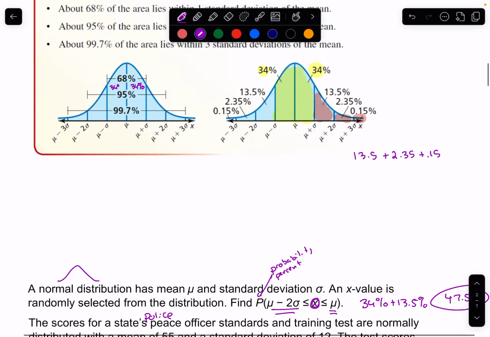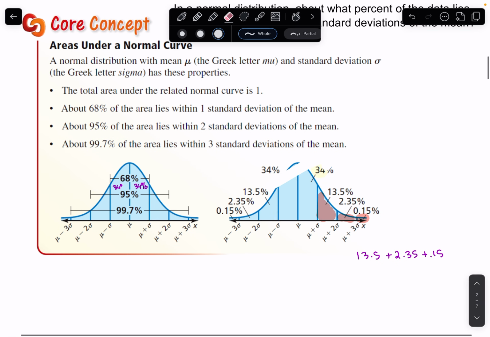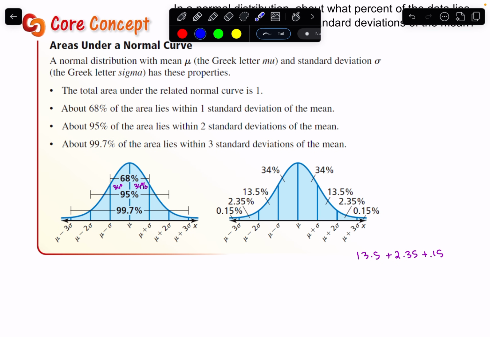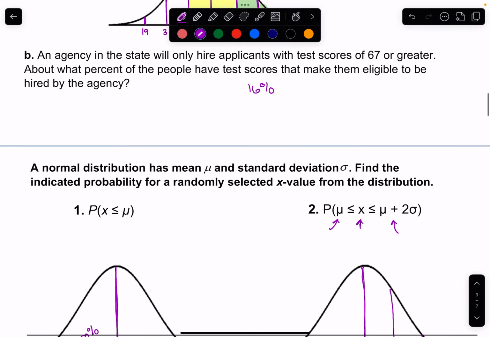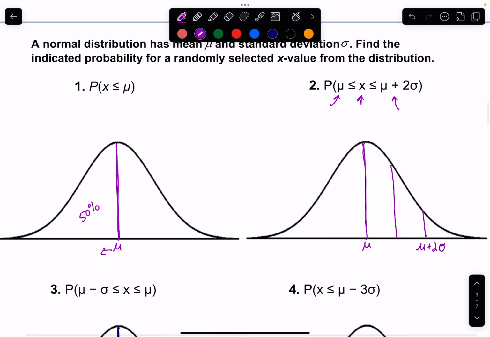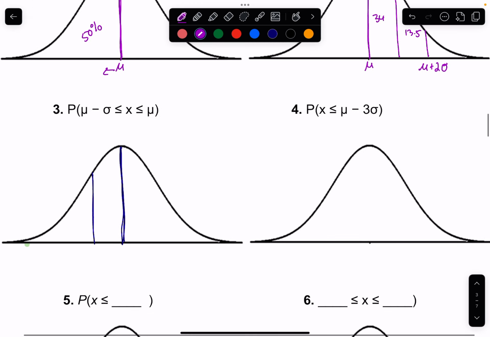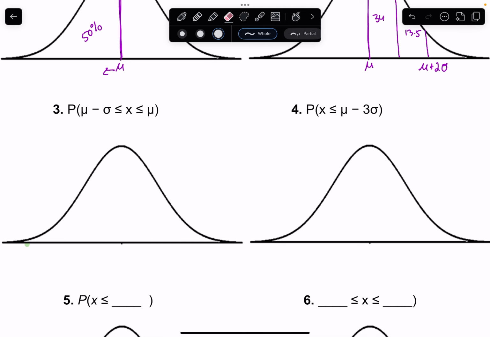So if I go up to my chart, I need this section and this section added together. So 34 plus 13.5 is 47.5. So I would add those two together. 34 plus 13.5 is 47.5%.